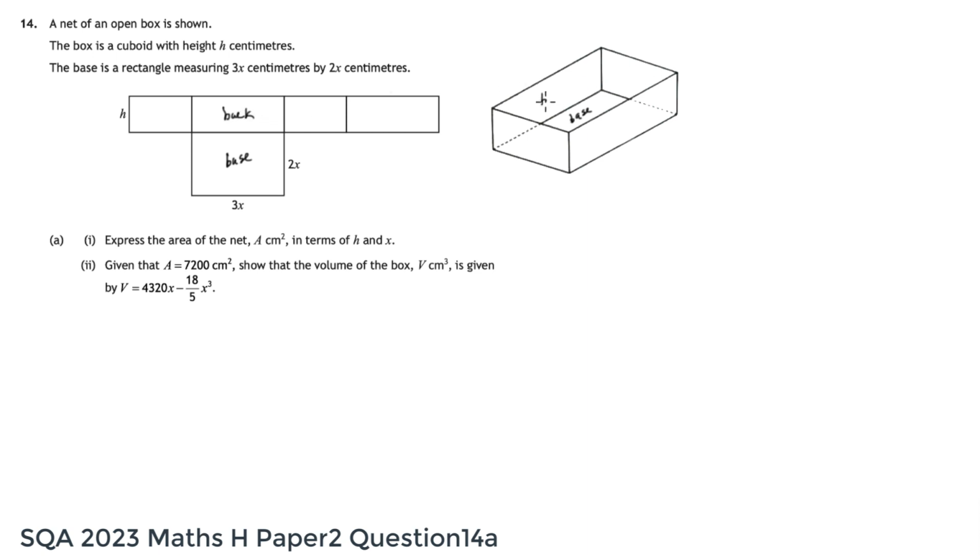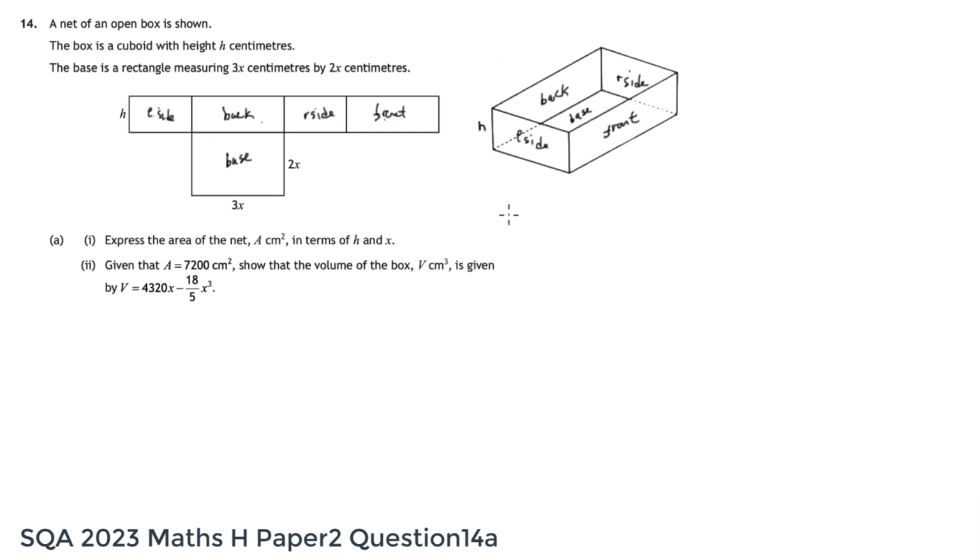That would correspond to this, so that's been folded up, and then these two fold round to get the sides, so that's the left side, and this is the right side. And then this folds all the way around and becomes the front of that open-topped box.